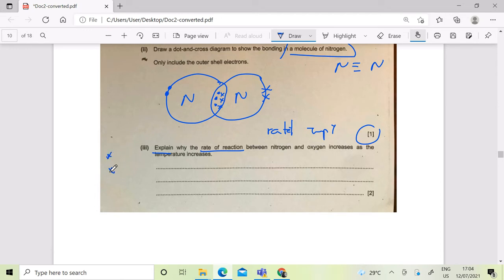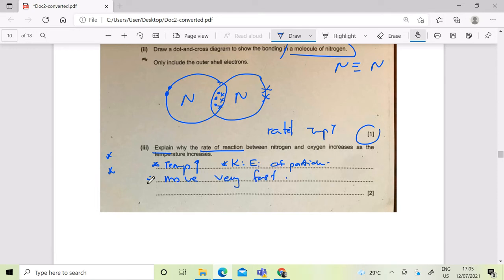Then what happens to the particles in terms of increasing rate. So when you increase the temperature, the kinetic energy of particles increases, therefore they move very fast.